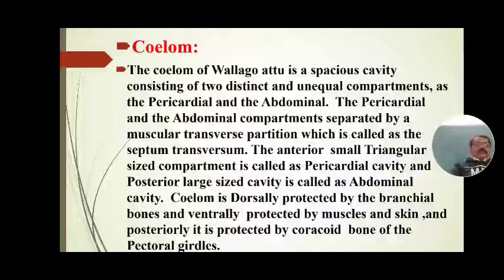Remember, the space present in the body of Wallago attu is divided into two distinct parts: the anterior small triangular chamber called the pericardial chamber, and the posterior large irregular chamber called the abdominal chamber.